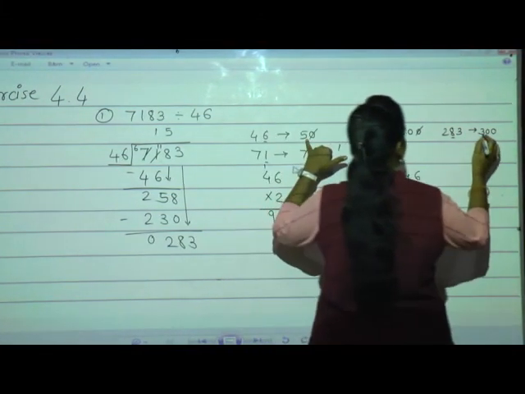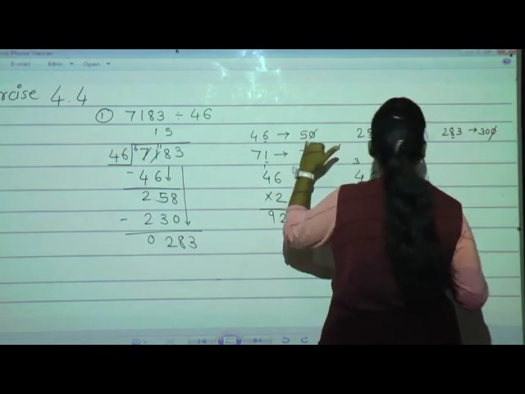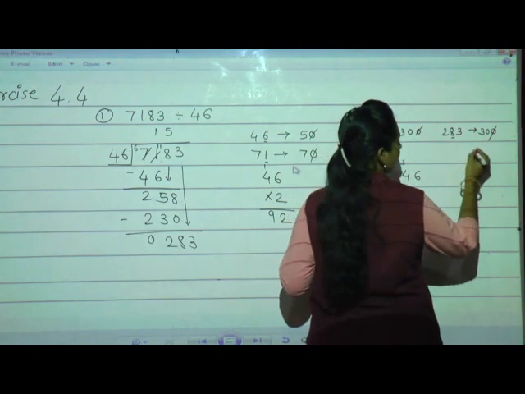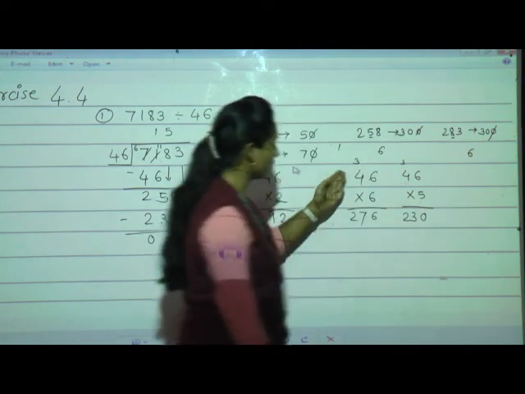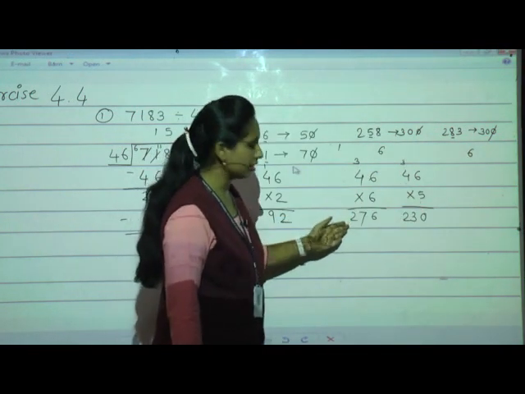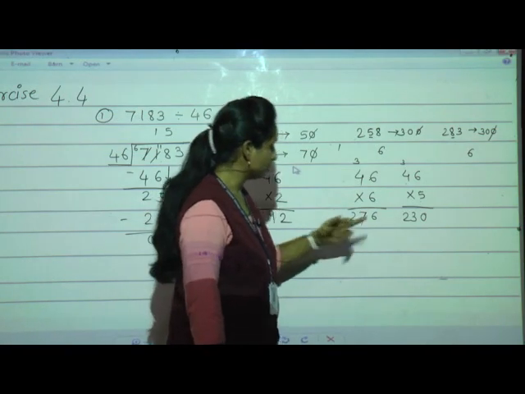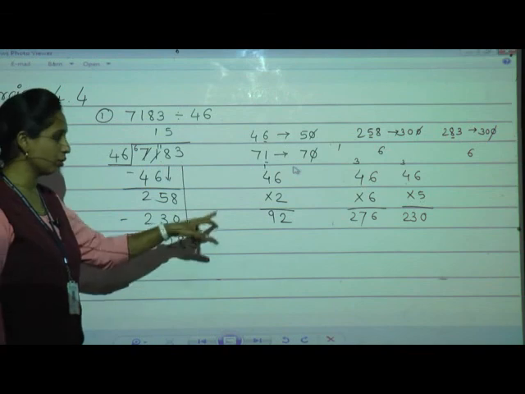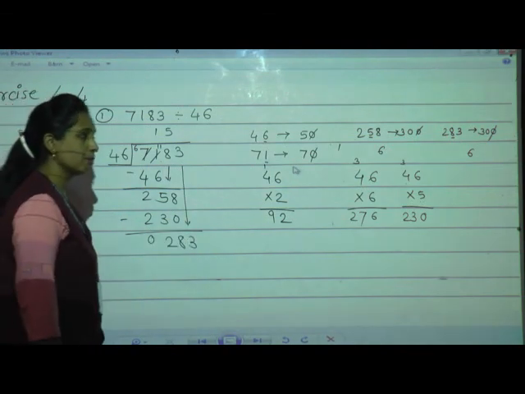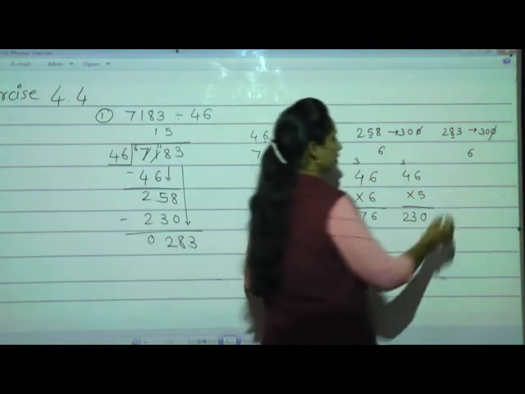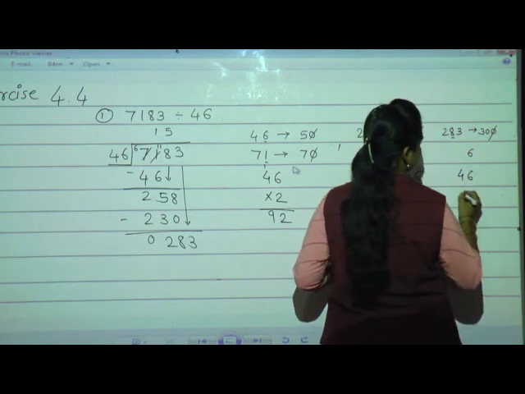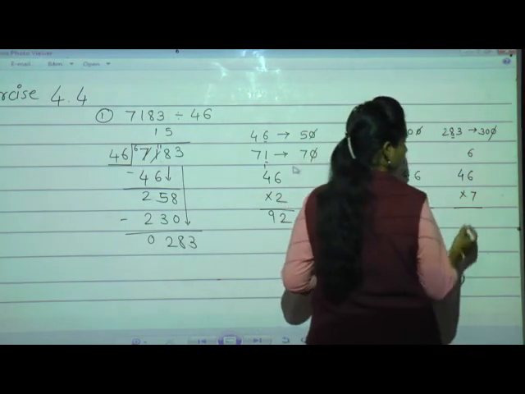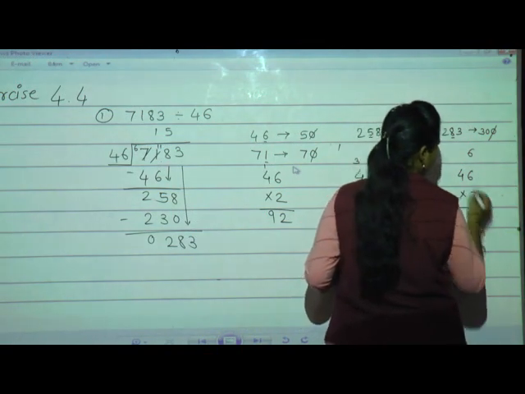Now 50 and 300, cross the 0s, 5 and 30. How many times 5 in 30? 6 times. See, we do have 6 times quotient, that is 276. See, will 283 go from 276? But what we will do, we will check with the next number for confirmation. 7 6s are 42.